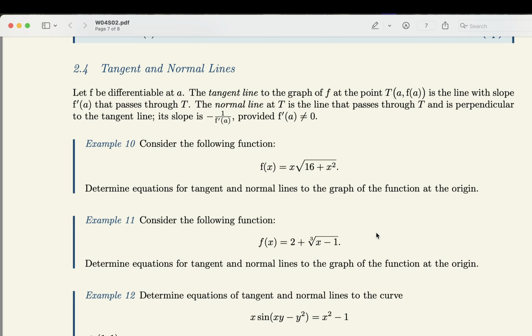The only thing that will change is that I have a new slope. But what is my new slope? The new slope is minus 1 over the old slope. Of course, here f prime of a should not be equal to 0. So this is the normal line.